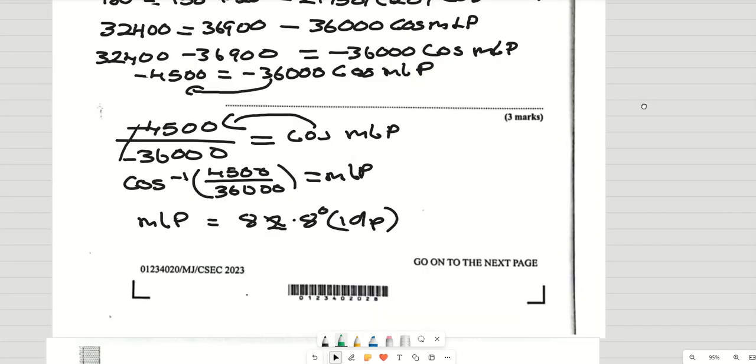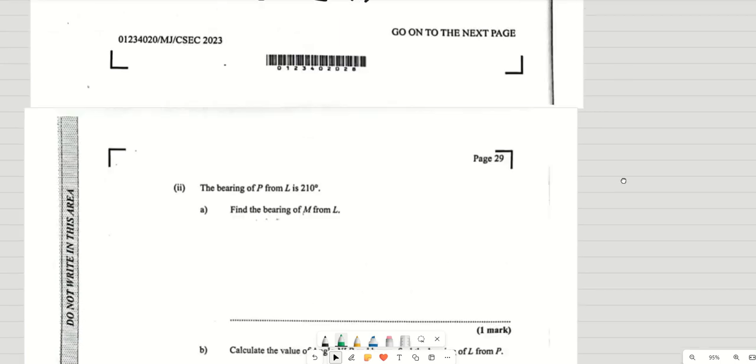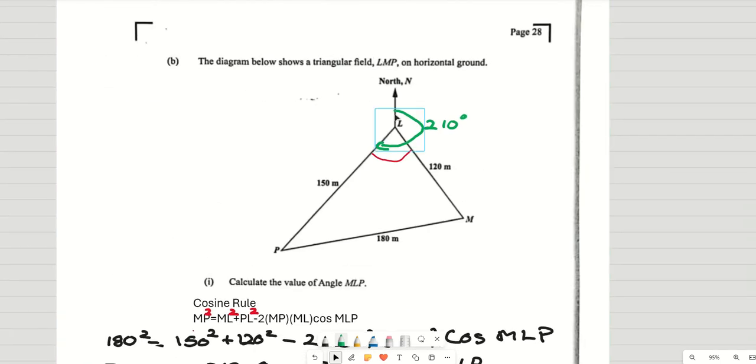Right, take that into consideration. Find the bearing of M from L. So from L, find the bearing of M from L.